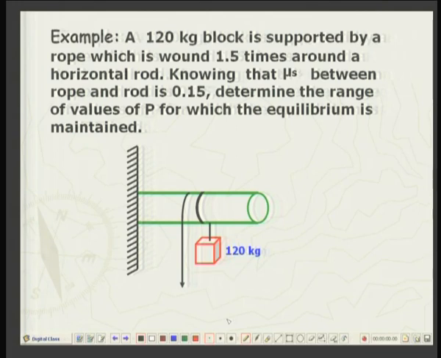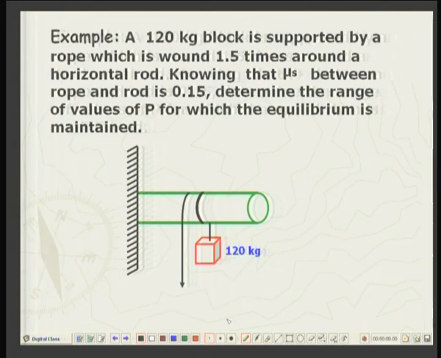Today we will take up a few applications or examples of these concepts, and let's begin with example 1. This example is shown here.